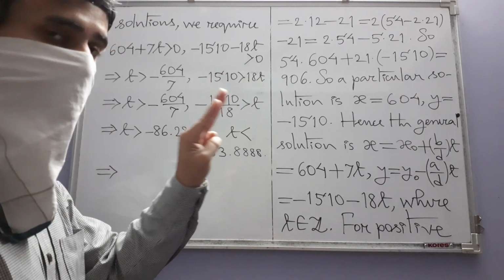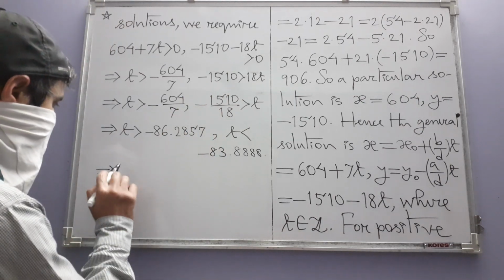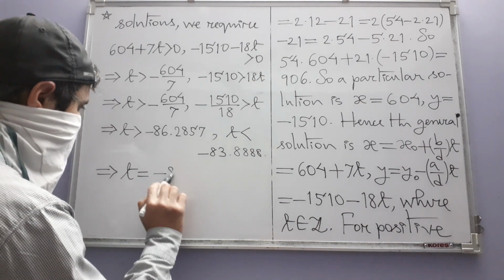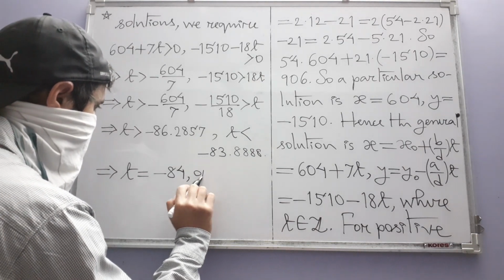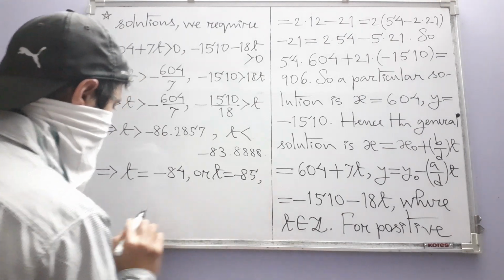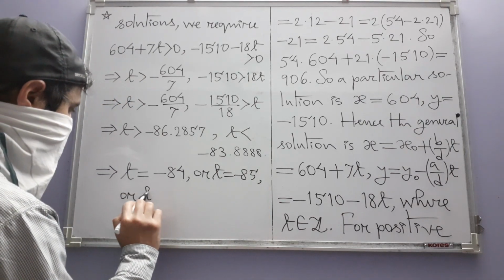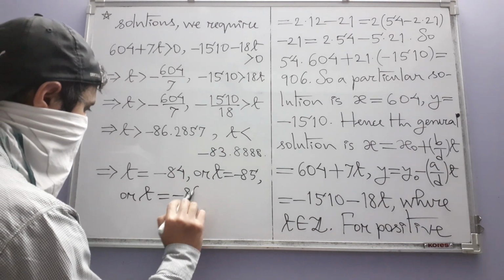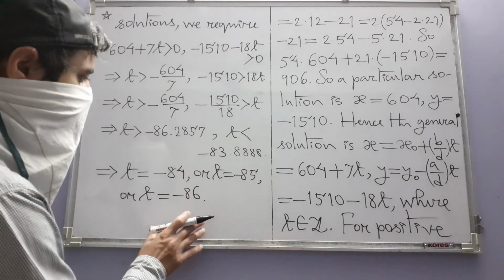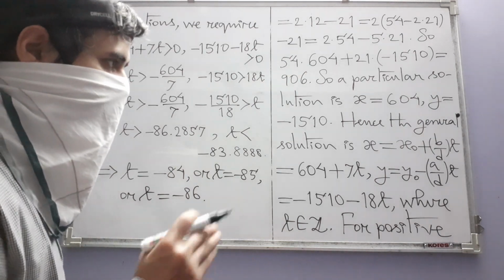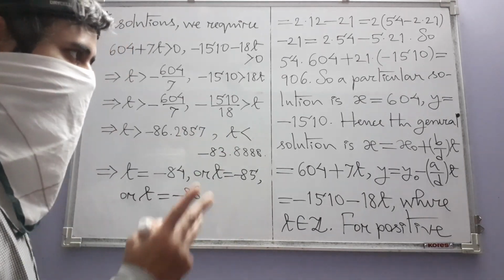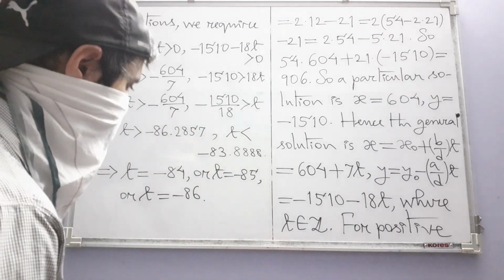So here there are three choices for t. And corresponding to each such choice, we are going to get one pair of x and y values that will give us one solution. So three positive solutions will be found.